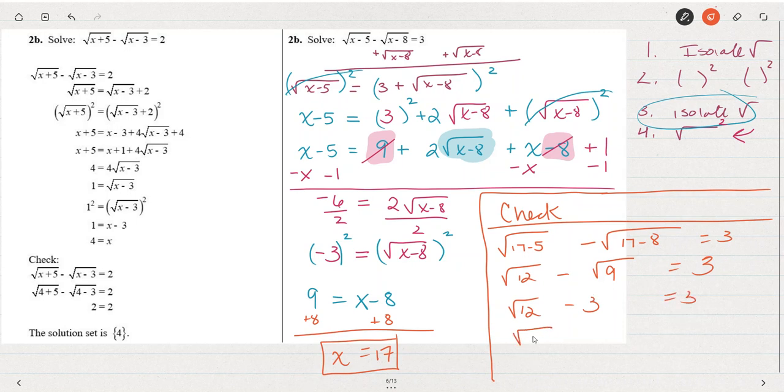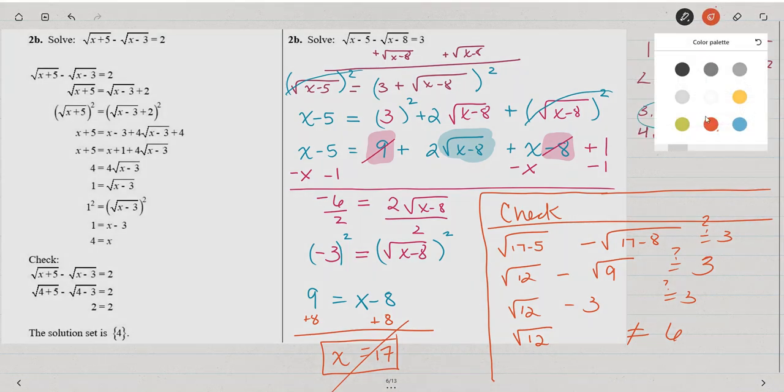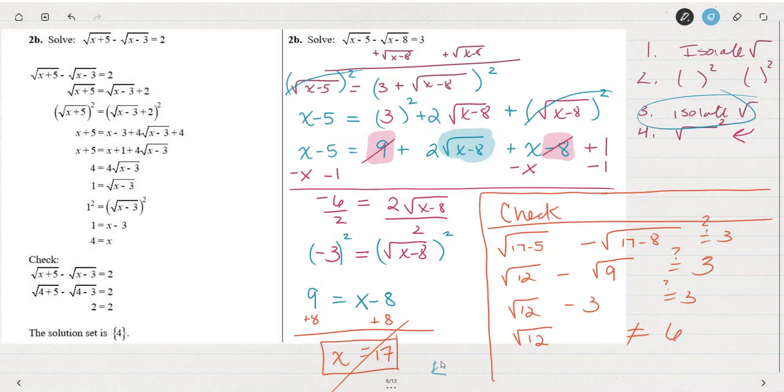Well, if I add that 3 to both sides, square root of 12 does not equal 6. So I can see that this x equals 17 is an extraneous solution. And the answer to this problem is that there is no solution. I could write that like this, meaning the empty set.